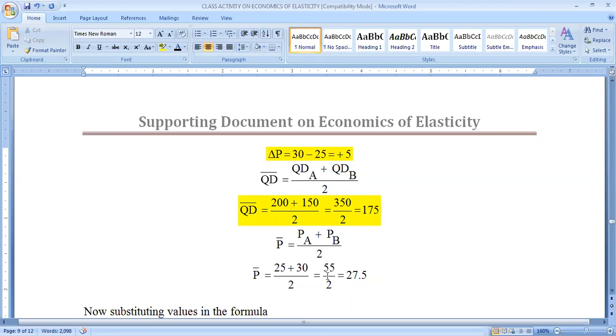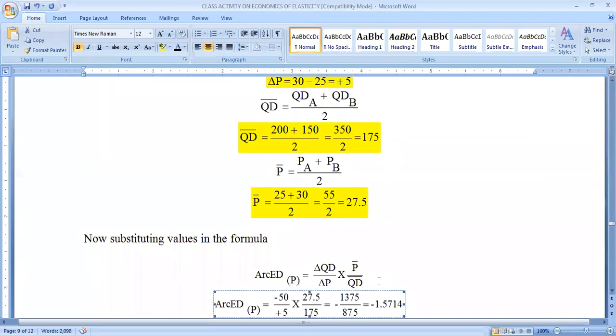Therefore, the fourth component of the formula is P bar, which is average price of 2 points, which equals 27.5. After obtaining all the 4 components, now let's substitute the values of all the 4 components into the formula, which is delta QD over delta P multiplied by P bar over QD bar.